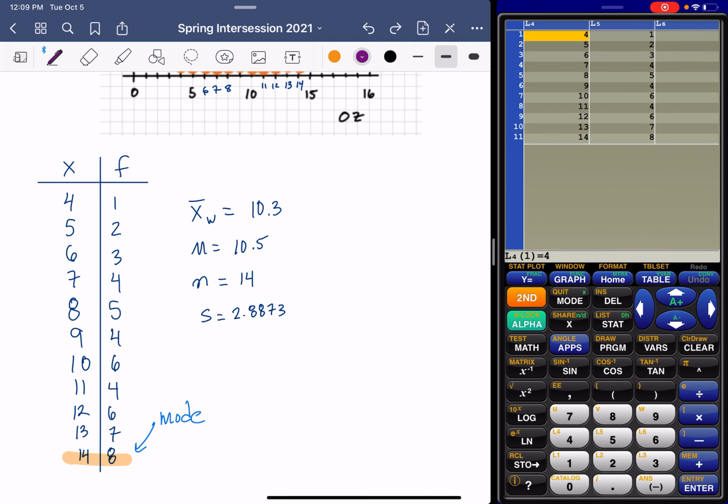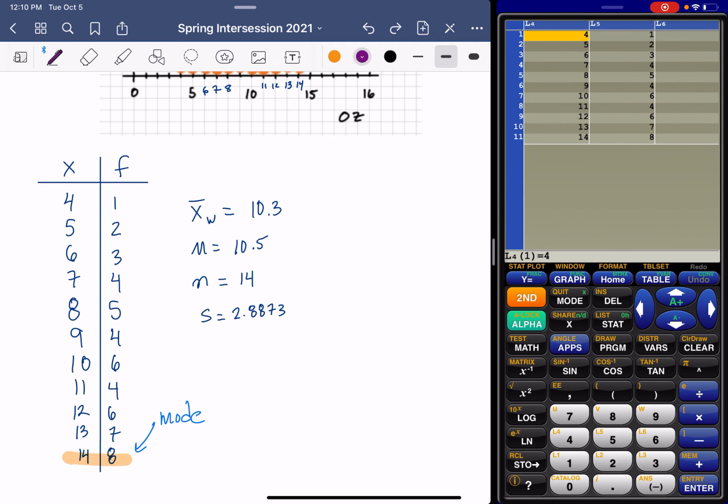And the mode, the calculator doesn't really give you the mode, but the most frequent value is right here, which is 14. So let's find the mean, the median, and the standard deviation via the calculator. We know this is L4 and L5.